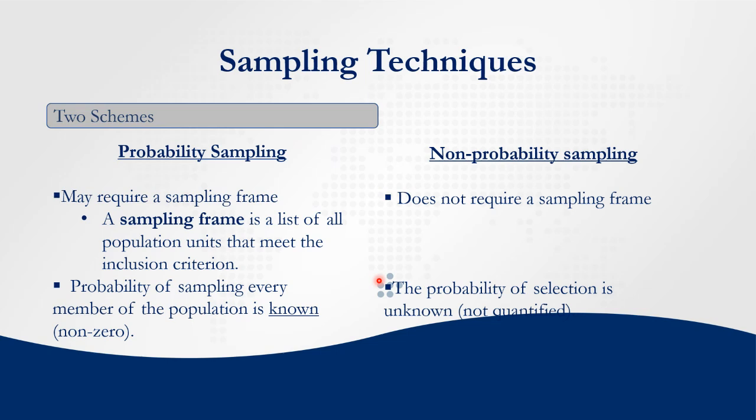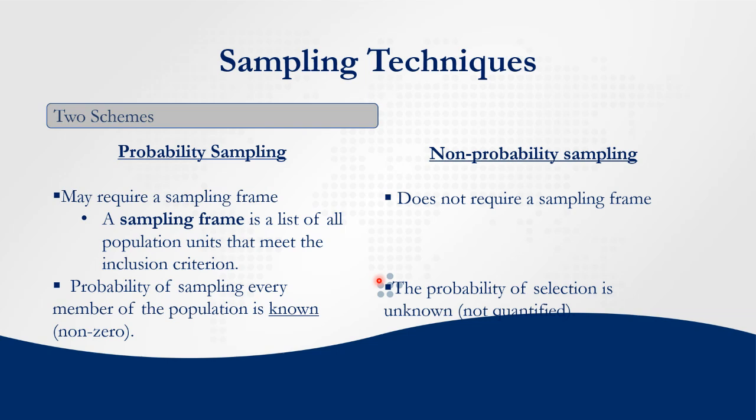So there are two approaches you can follow: you go probability sampling, or you go non-probability sampling. With probability sampling, most of the approaches require a sampling frame, which is a list of all the population units that meet the inclusion criteria.